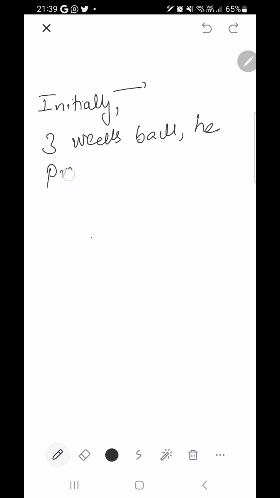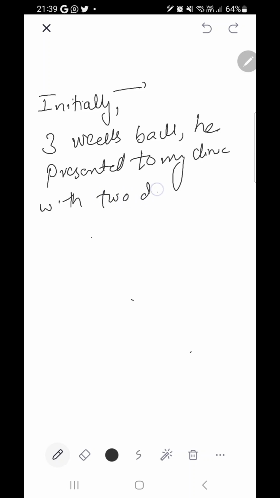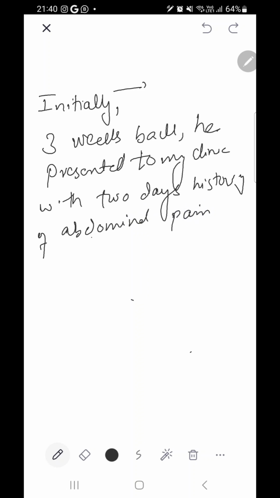He presented to my clinic with two days history of abdominal pain. Three weeks back, he presented to my clinic with two days history of abdominal pain. Now, as I mentioned, in the topic sentence we have to cover this. So here, we know that this paragraph will be about something related to abdominal pain or a GI symptom.